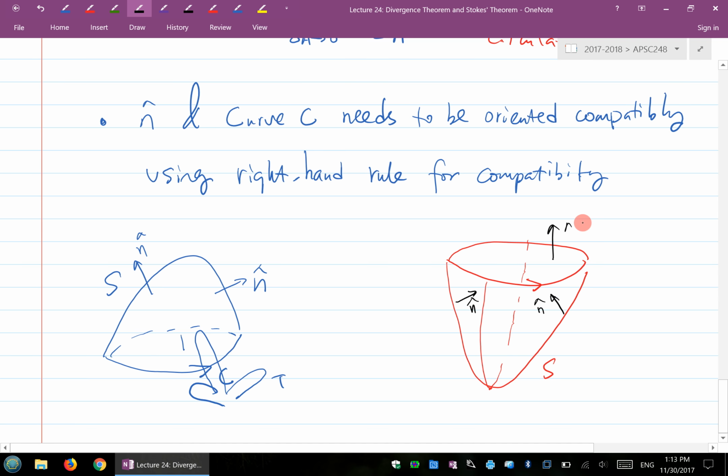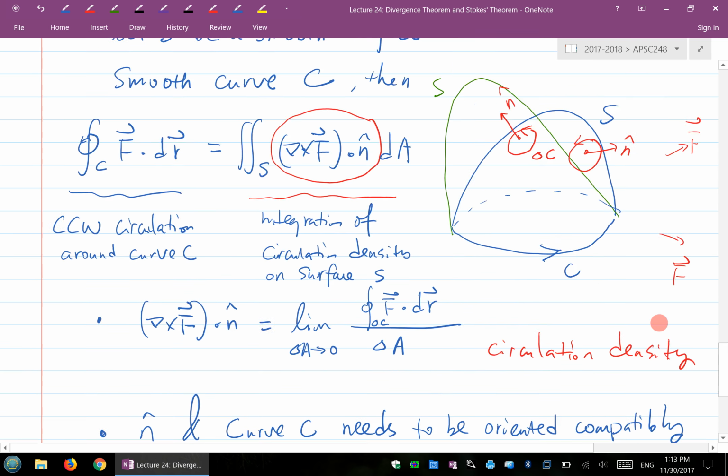Now, remember what I illustrated here. How many surfaces share the same boundary C? Infinite, right? Which one is so special that it has the boundary C?